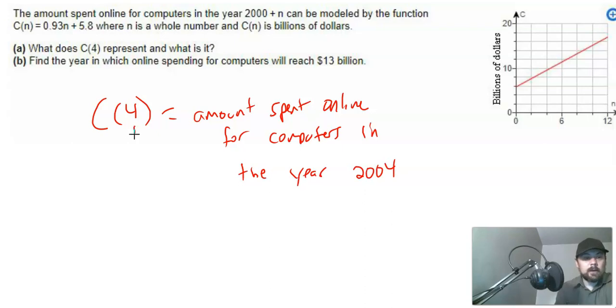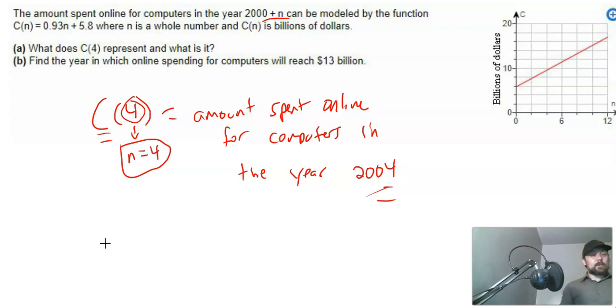Because here n is equal to 4, so that's 4 years since 2000, so it's going to be 2004. So the year is being determined by this number, and C, as its definition, is the amount spent online for computers in that particular year. So when I find c of 4, the number I get there is how much money was spent on computers in the year 2004. So that's what it represents.